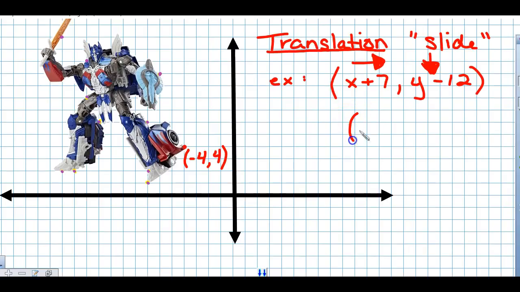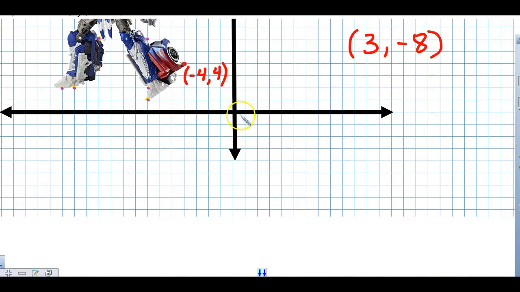Identifying that new point, well, we just add 7 to the x, subtract 12 to the y. We know that Optimus Prime's heel is going to be at the new location 3, -8. So I'm going to go 1, 2, 3, 1, 2, 3, 4, 5, 6, 7. Perfect, right there.